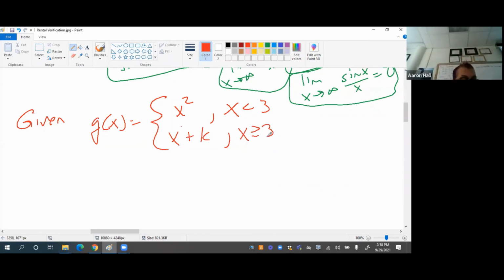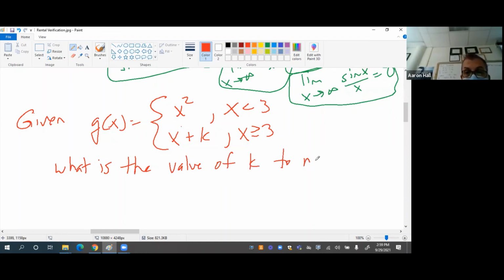So I want to find the value of k that makes g of x continuous. What is the value of k to make g of x continuous?